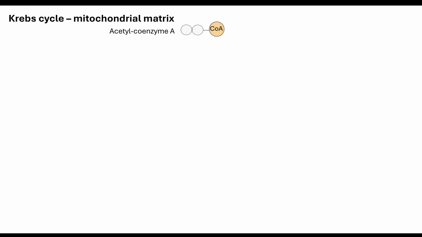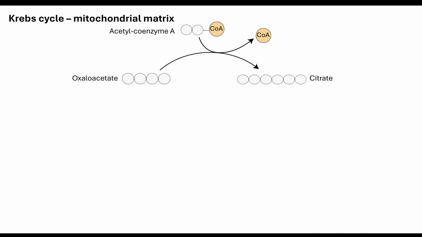So we ended the link reaction in the mitochondrial matrix with this acetyl coenzyme A. So now what's going to happen is that is going to be transferred to the Krebs cycle. So the first thing for us to note with the Krebs cycle, we have oxaloacetate, which is going to be converted into citrate. We then will remove a carbon dioxide, decarboxylation.